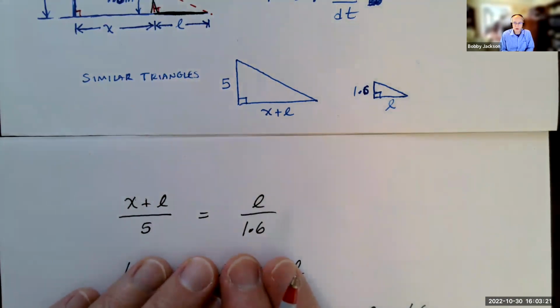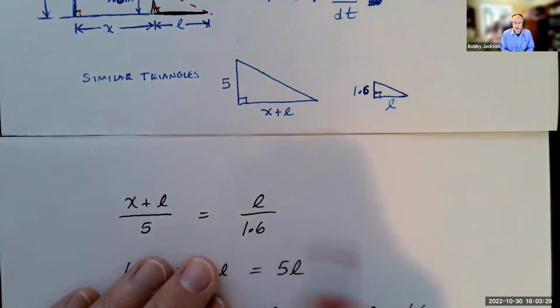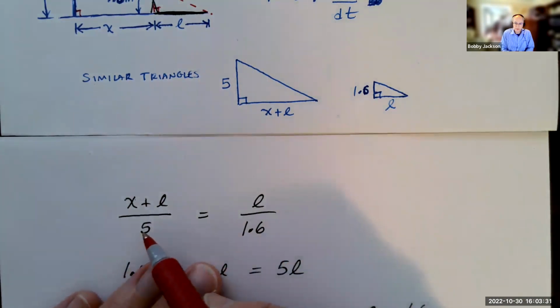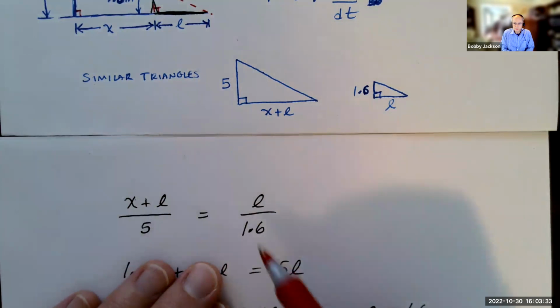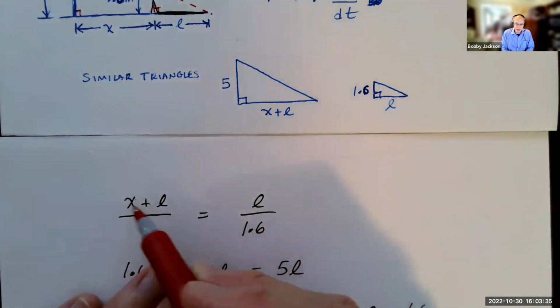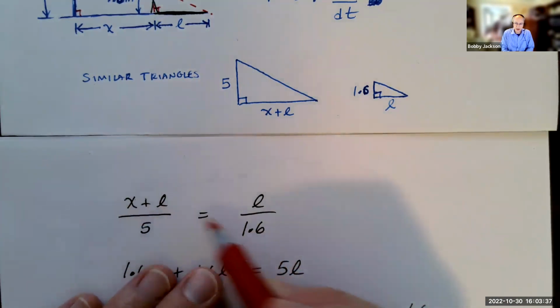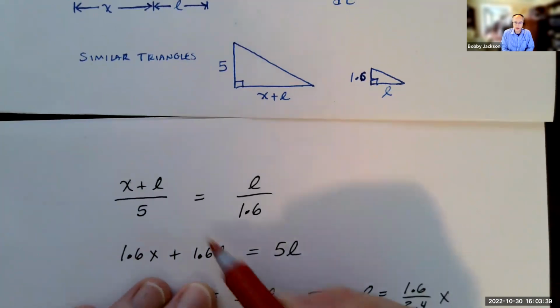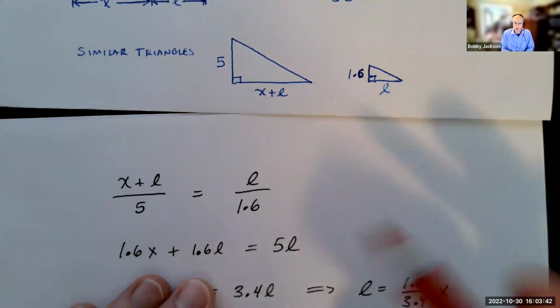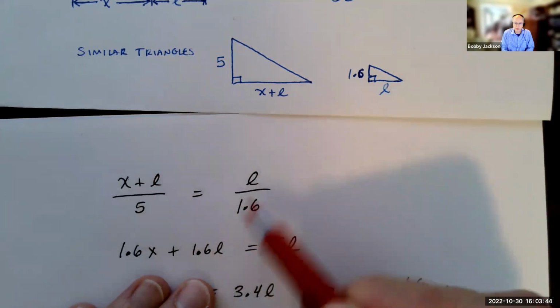Now, before you try and take any derivative in this case, it really makes sense to simplify. The way I'm going to simplify is simply cross multiply: 5 times L equals 1.6 times the quantity X plus L. I distribute that 1.6 through, right? And you can do that anytime you have a proportion like this, one fraction equal to another fraction.